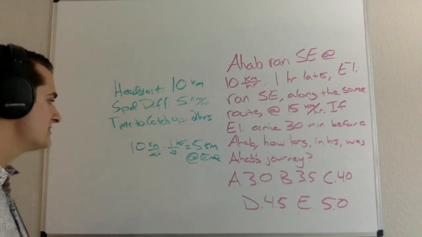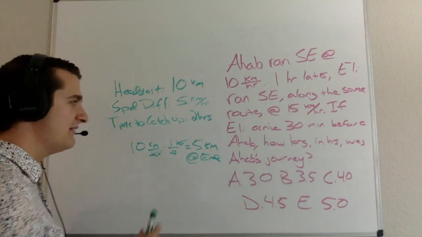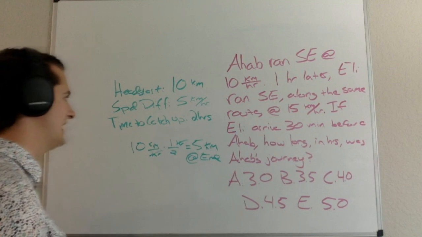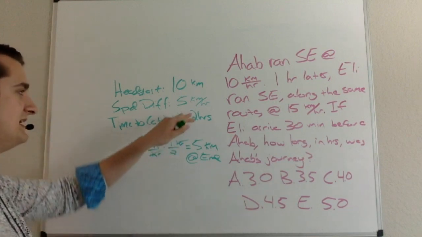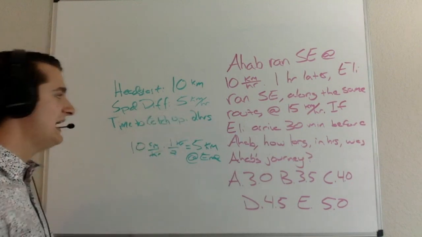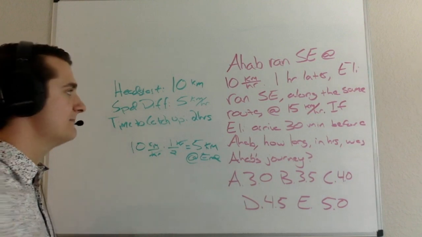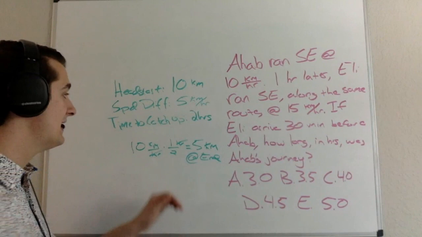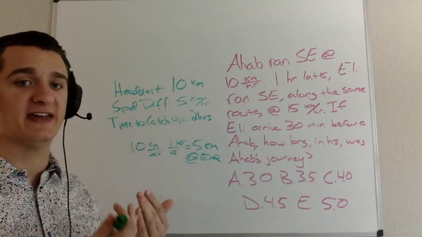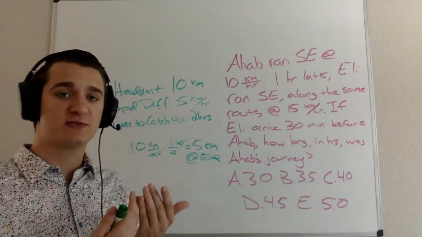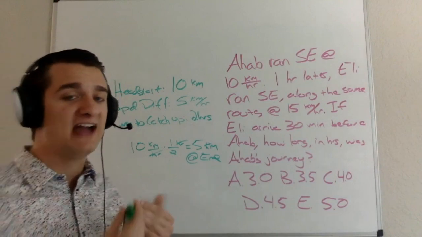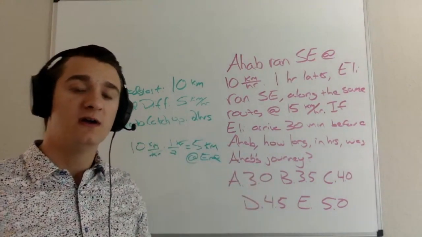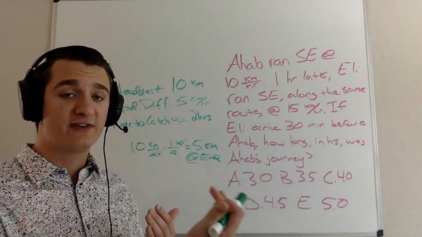But what I know is this: if Eli finished 5 kilometers ahead, well, I know their speed difference was 5 kilometers an hour. And I know that Eli took 2 hours to get even. And if their speed difference was 5 kilometers an hour, then after another hour, he will be 5 kilometers ahead.